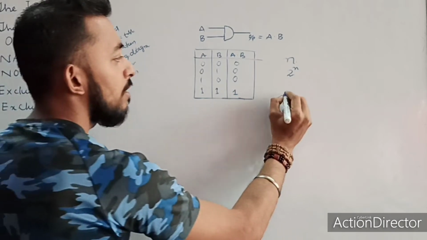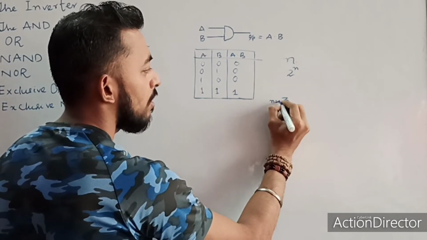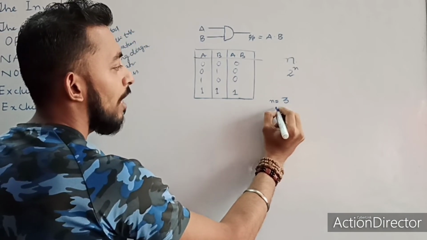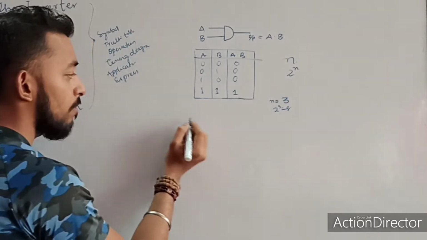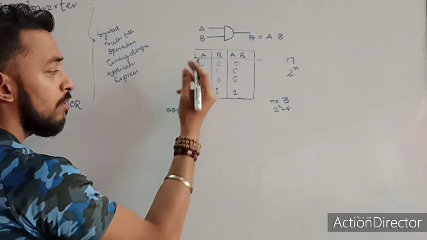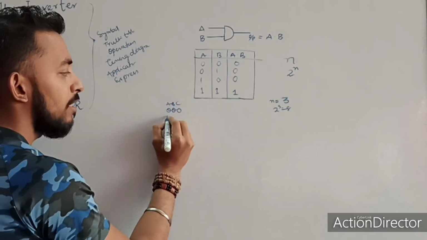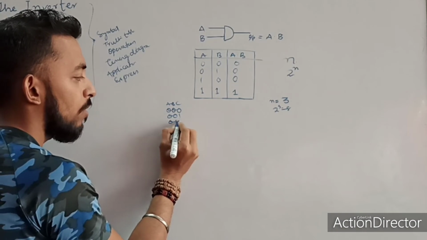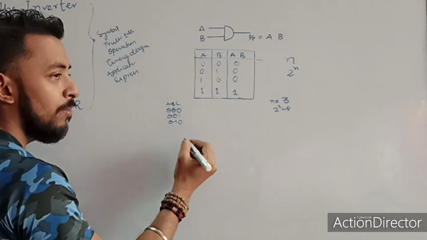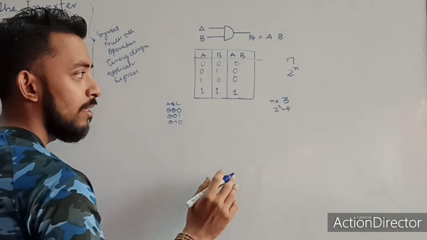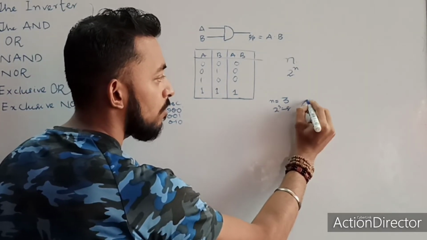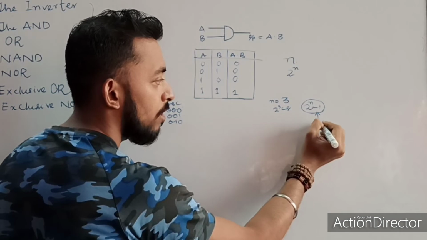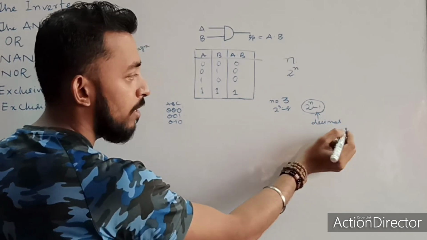Suppose n equals 3, so the number of input bits is 3. Then how many possible combinations? 2 power 3 is 8. The values, including A, B, C, are 0 0 0, 0 0 1, 0 1 0, just increasing 0 1 2 3 4 5 6 till 7. Since n equals 3, the maximum decimal value is 2 power n minus 1. Remember, I already told you this is the maximum value I can get.